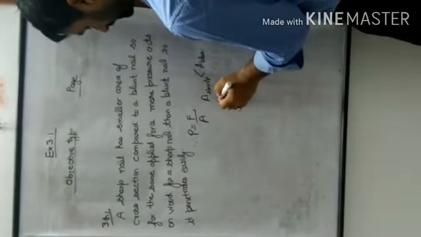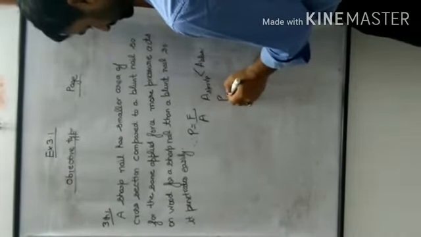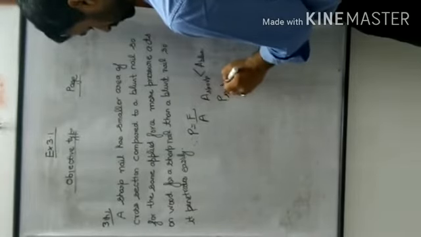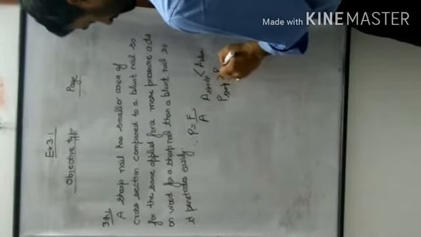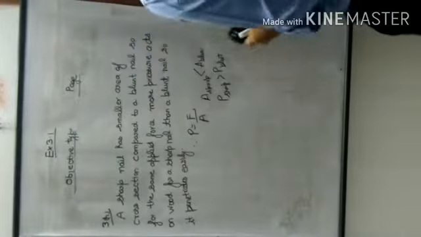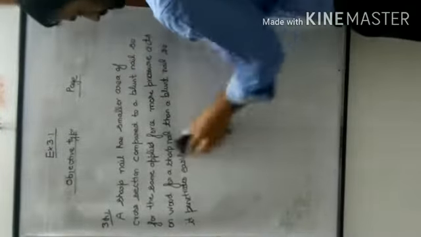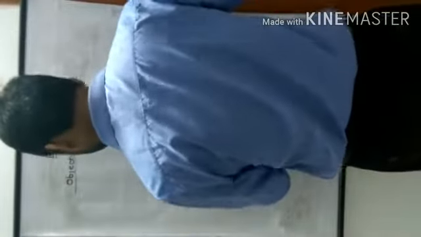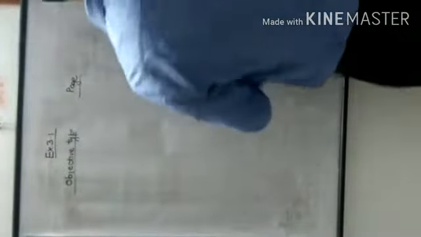So the pressure exerted will be more on the wood for the sharp nail as compared to the pressure in the case of the blunt one. This also you can write. Some more questions.